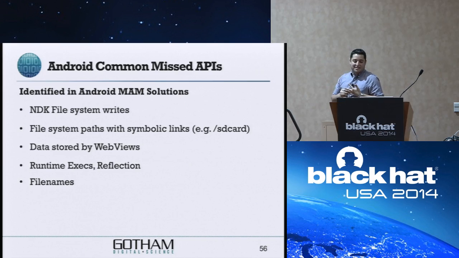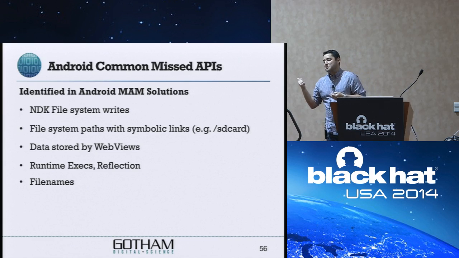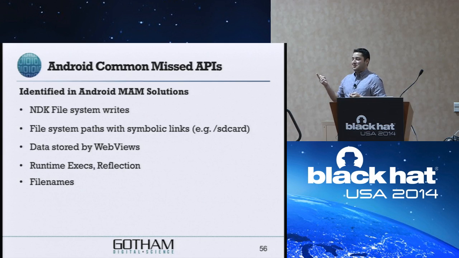And then they forgot /SD card. That's the worst possible place on an Android device to store data, because there are no file system permissions and it's external media. And the worst thing is that since they're not encrypting it, they have no idea that it was actually stored there. So if you were to do a remote wipe, that data would still stay on that SD card and never get wiped.